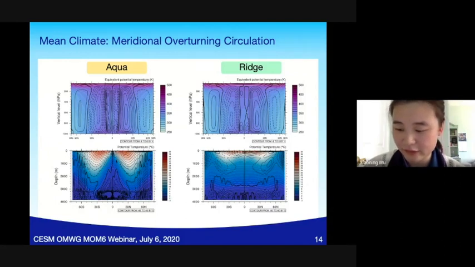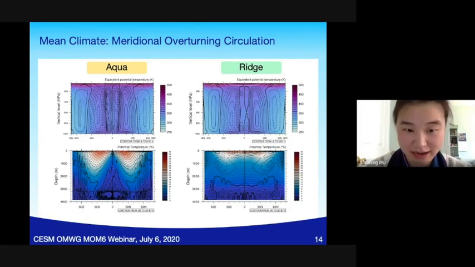And for the overturning circulation in the Aqua case, we see that the cold equatorial belt, or the SST minimum on the equator, gives rise to some alien features, which are little reverse Hadley cells.